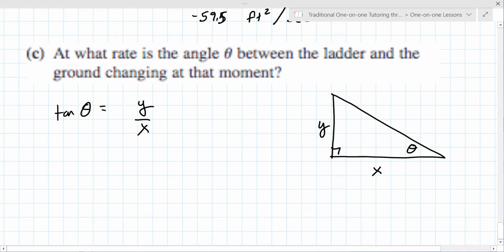So the derivative of the left side is secant squared theta times theta prime. That's the derivative of tangent. And then on the right it's bottom times derivative of the top minus top times derivative of the bottom over the bottom squared.